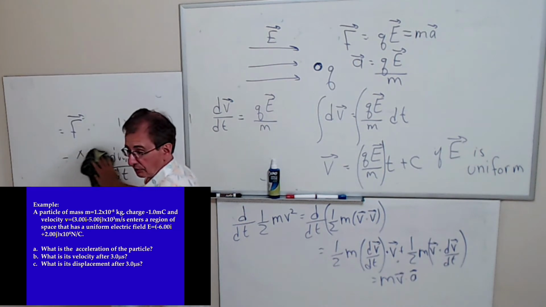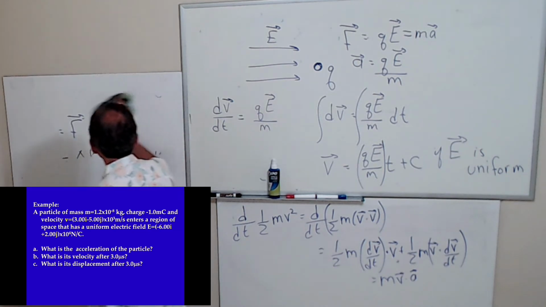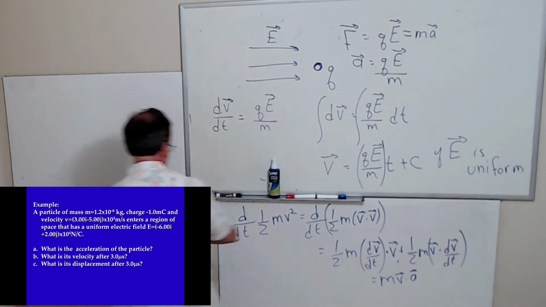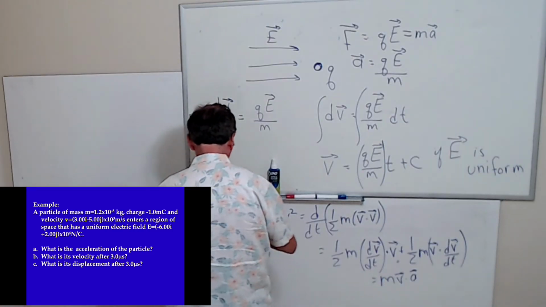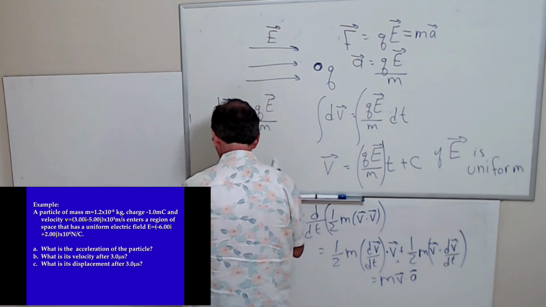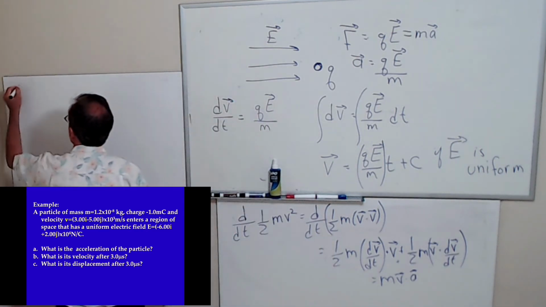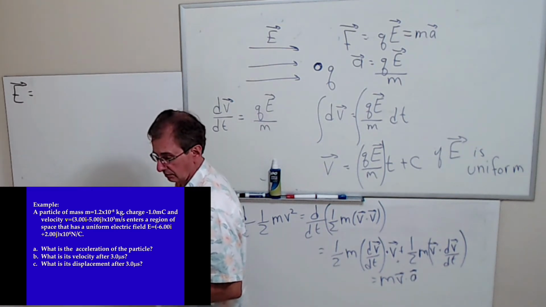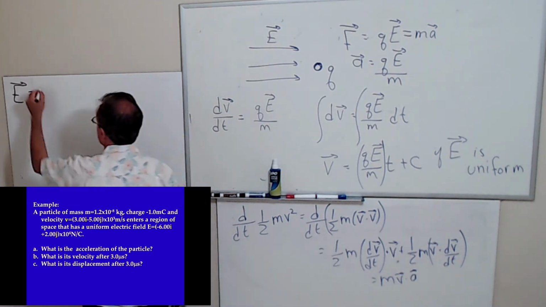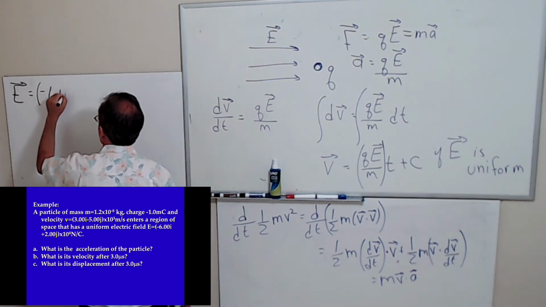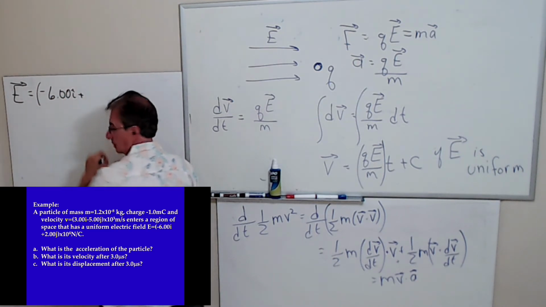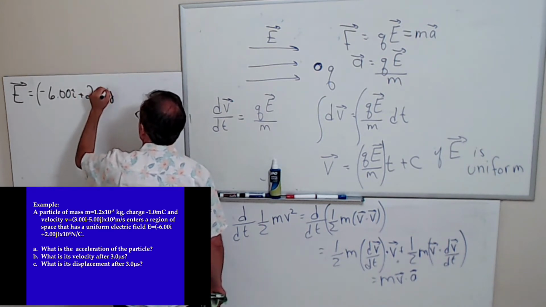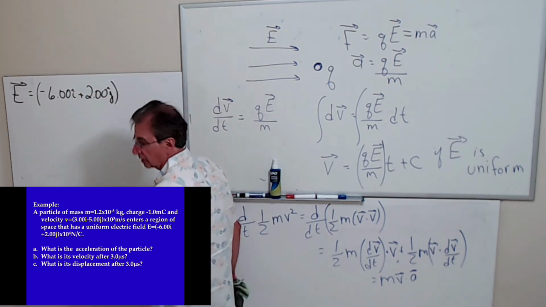by writing the expression for the electric field. And then let me change colors. We're given that E is -6 i hat plus 2.00 j hat times 10 to the 4th newtons per coulomb.